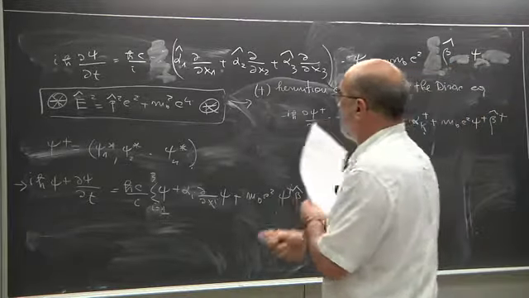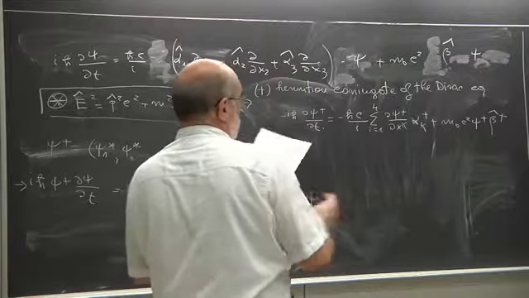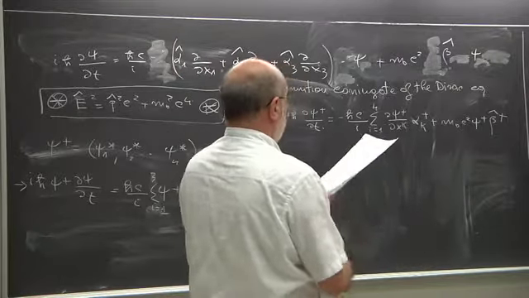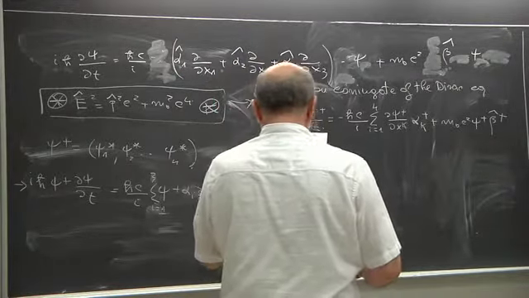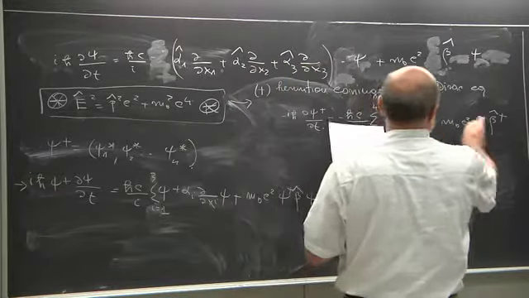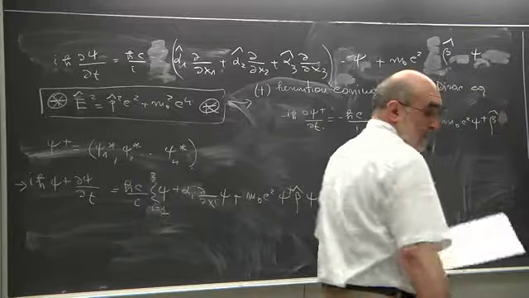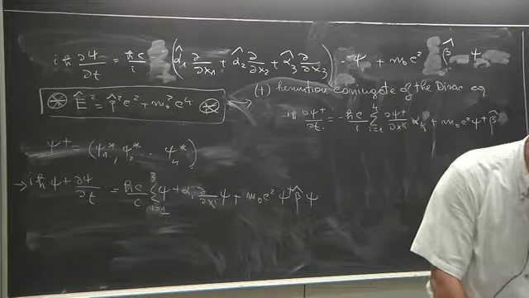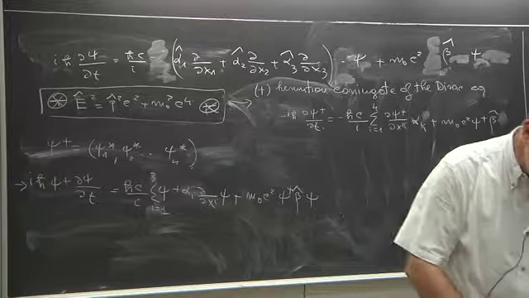When I do the dagger, I have to reverse the order of the matrix and the vector. Let us remember that alpha and beta are Hermitian, so I can take the daggers away. And now from this equation, let's multiply on the left.